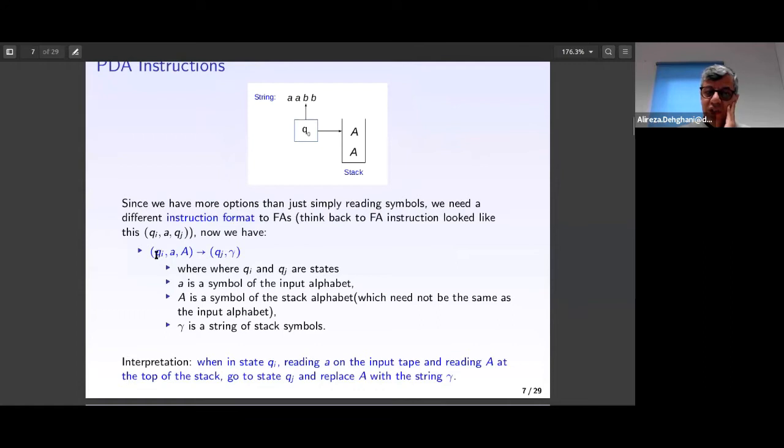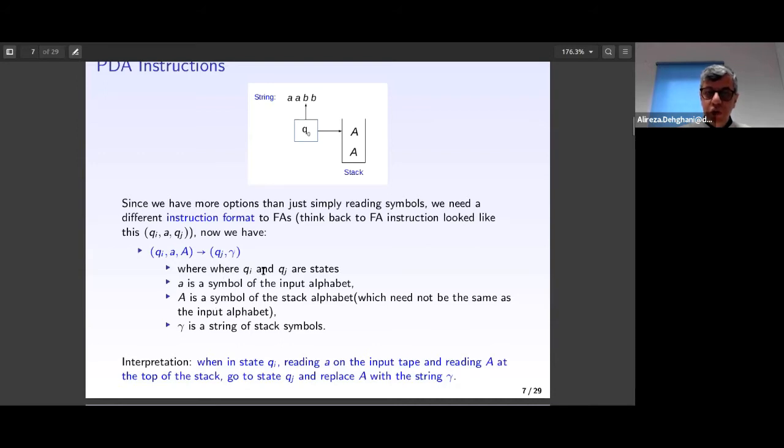While here we need to say if you are in state Qi, read symbol A from the tape, and you have A in your stack, you will go to state Qj, and this thing happens to the stack, which, like I said, means reading and removing something from the stack, which is pop, or pushing something to the stack, or actually leaving it unchanged.